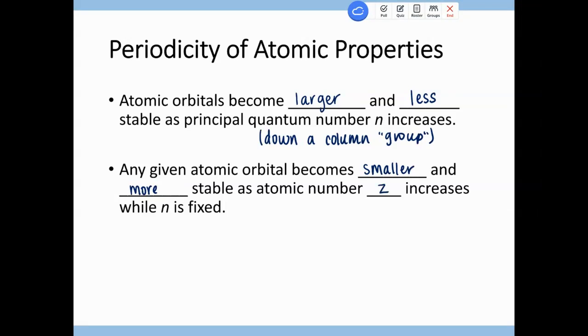This occurs as atomic number, or Z, capital Z is our symbol for atomic number, increases while n is fixed. That means you're working in the same row, and orbitals become smaller. So this is across a row or a period.